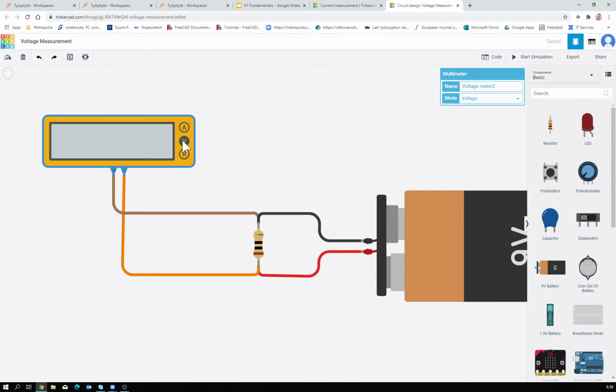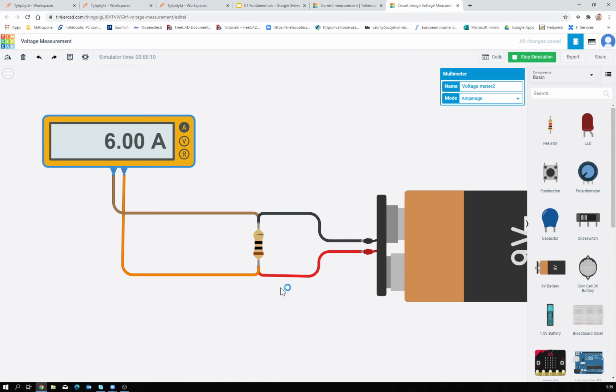As you can see, this is a voltage meter. Let me change that to amperage and start the simulation. It measures 6 amps, meaning the short-circuit current.